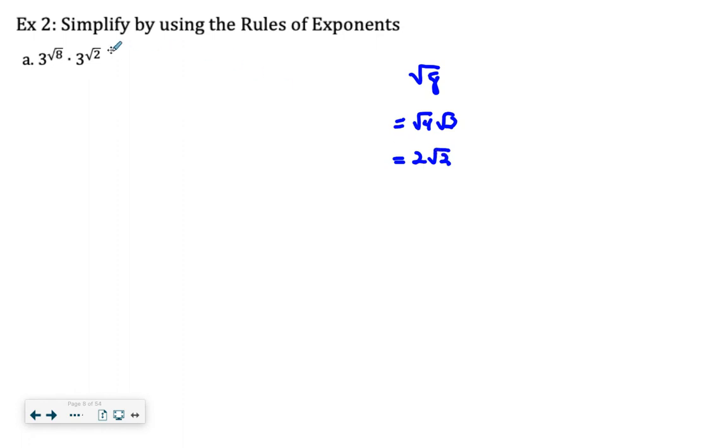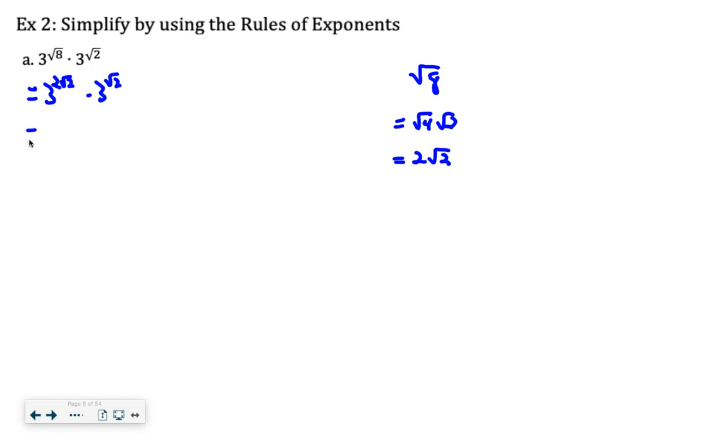Whenever I want to add or subtract radicals, I need to have the exact same thing on the inside of the radical. So this would be the same as 3 to the 2 square root of 2 power times 3 to the square root of 2.